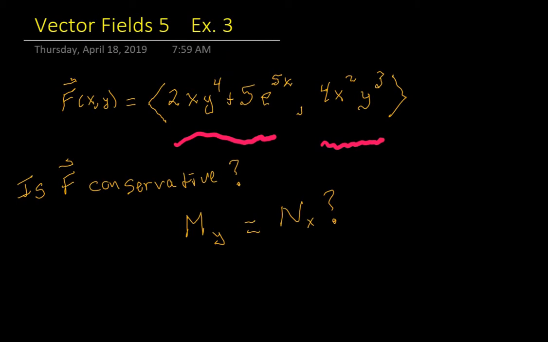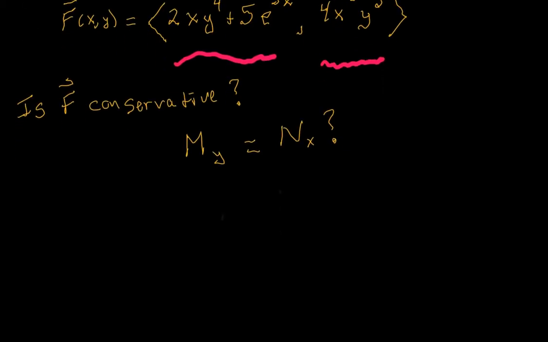So that's your M. And this is your N, your second component. And we're trying to determine, if we take the first component's y derivative, does that match the second component's x derivative? So we're going to go through and do that check down here.